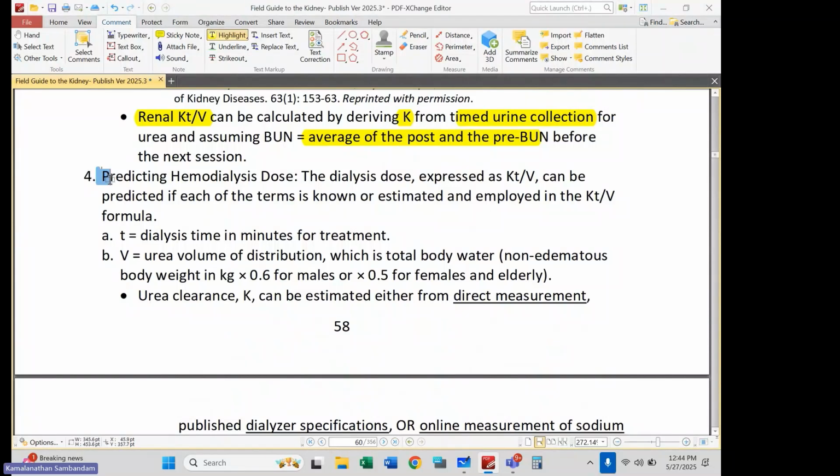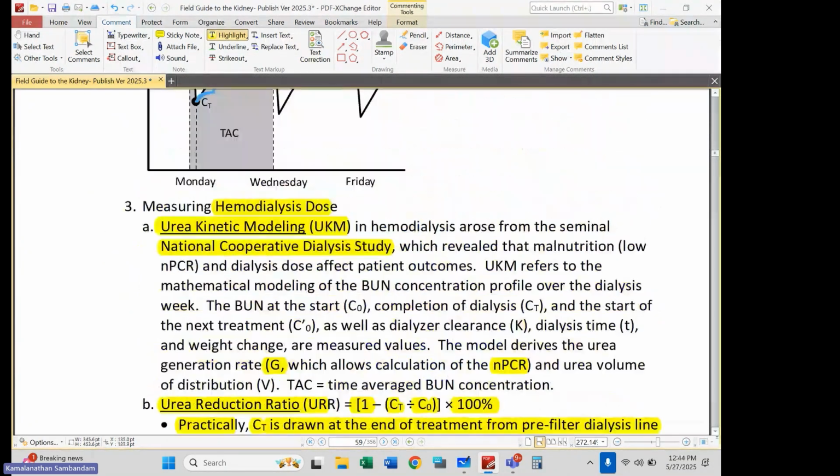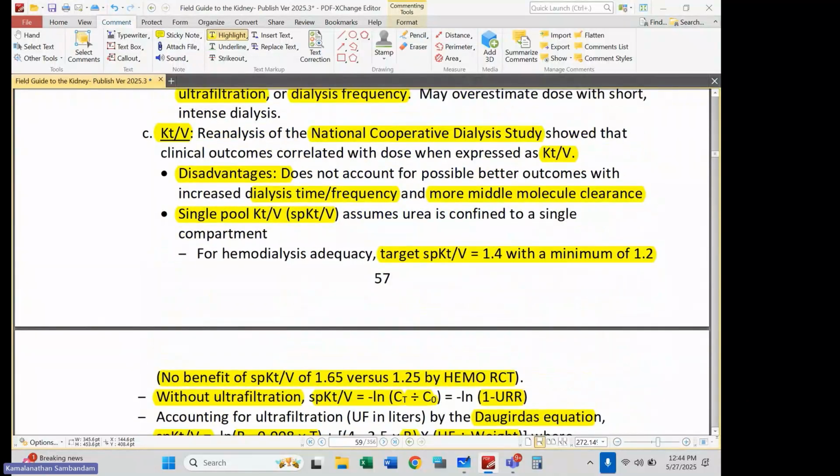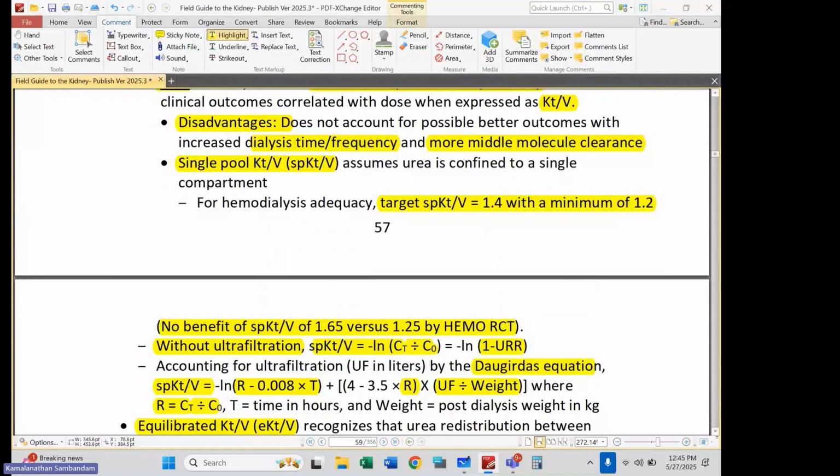All right. Predicting hemodialysis dose. Now, that was, once again, measuring hemodialysis dose. Measuring hemodialysis dose is done by urea kinetic modeling in the dialysis clinic. You can also do the shorthand urea reduction ratios. You can calculate KT over Vs. You can do that with a simplified form that is essentially a logarithm of urea reduction ratio.